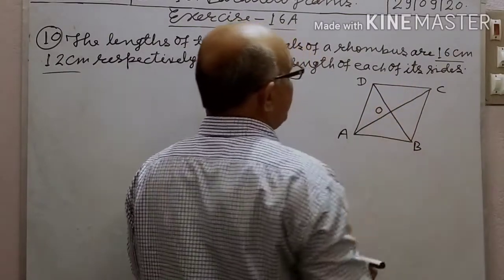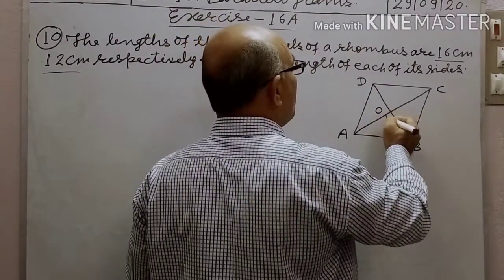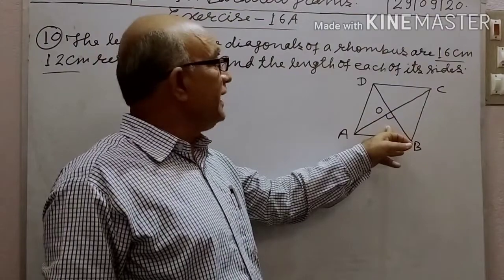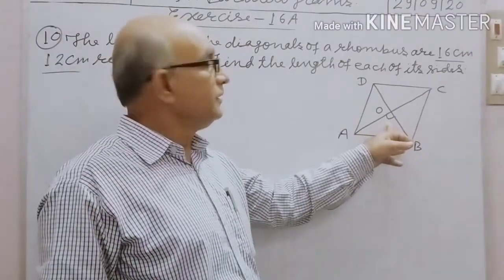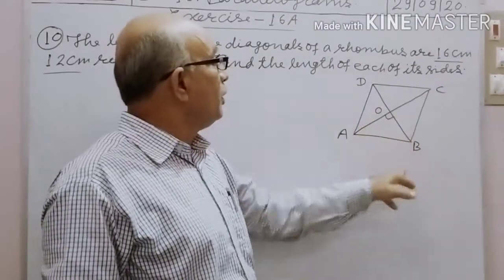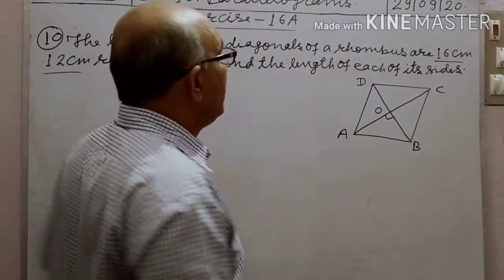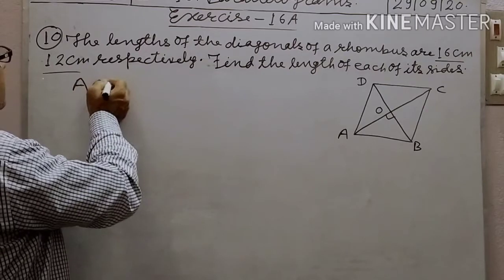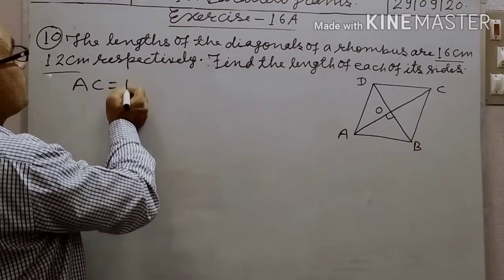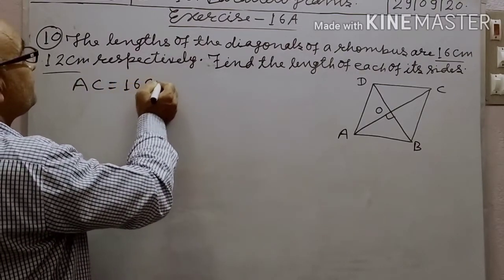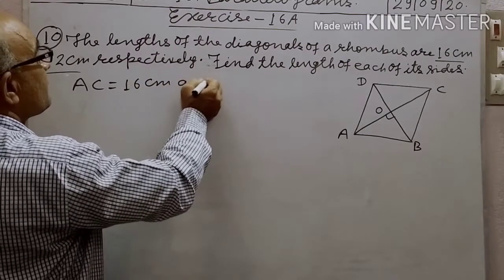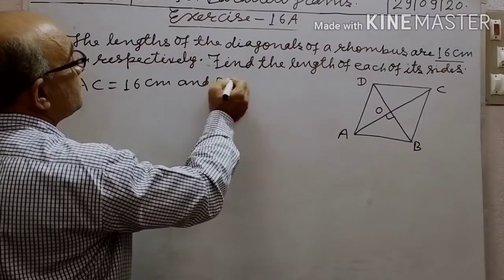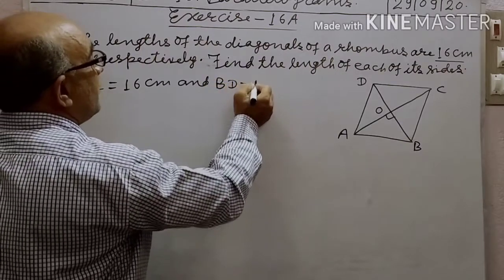Diagonals bisect each other at point O. We know that diagonals bisect each other at right angle. So triangle AOB is a right triangle, and AC equals 16 cm and BD equals 12 cm.